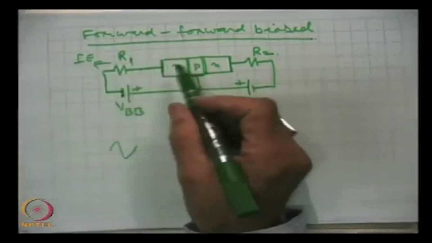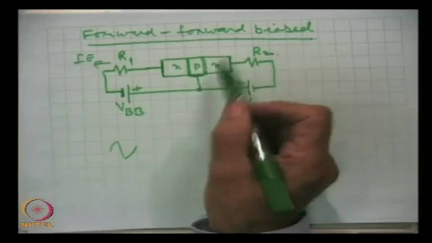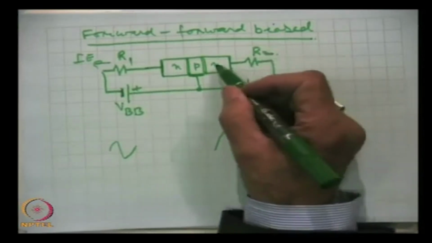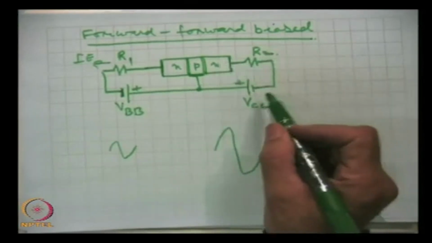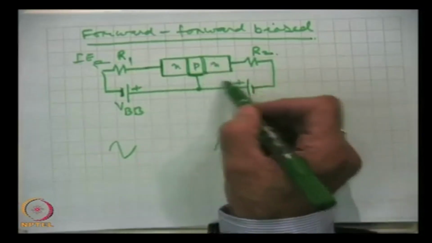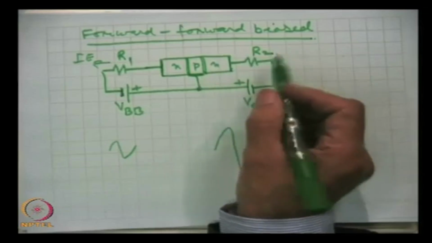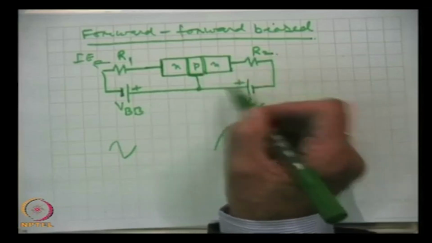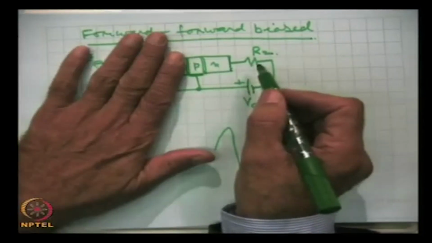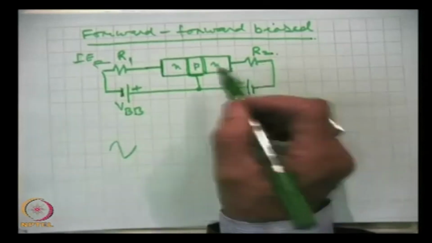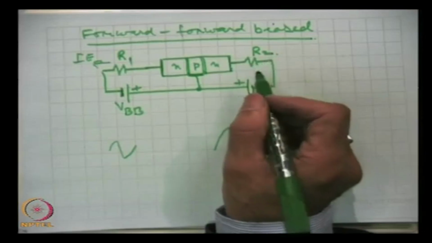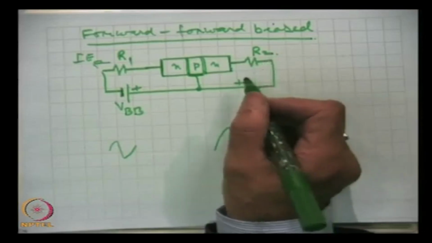Similarly, we talk of the collector junction, the collector base junction, which is also forward biased. This N type collector is connected to the negative of the battery. So, this junction is also forward biased. Here also heavy current will flow, though the influence of this is secondary, very little, and that we will see later when we talk of the current voltage characteristics of the transistor.